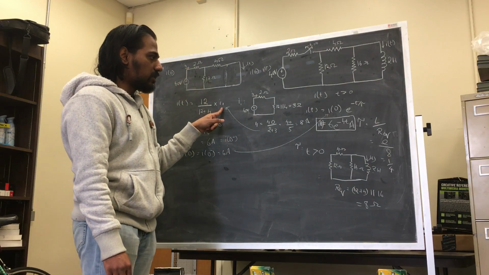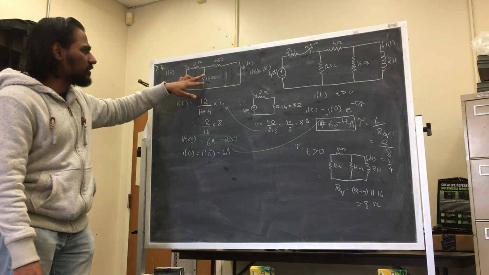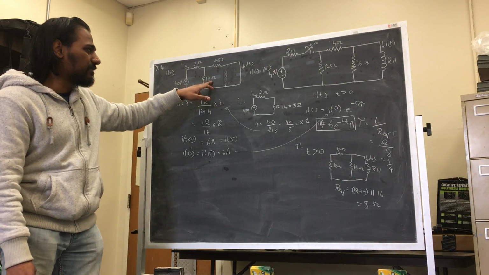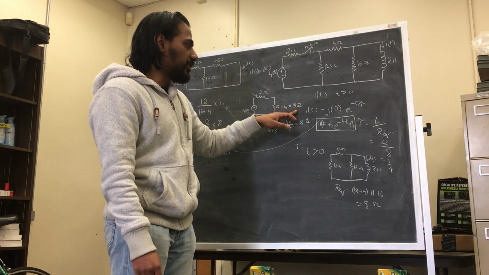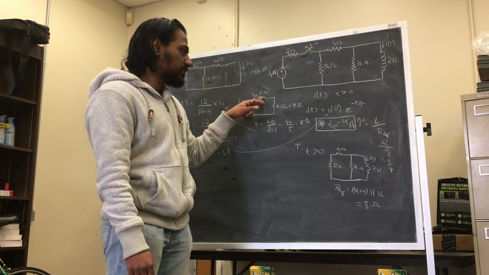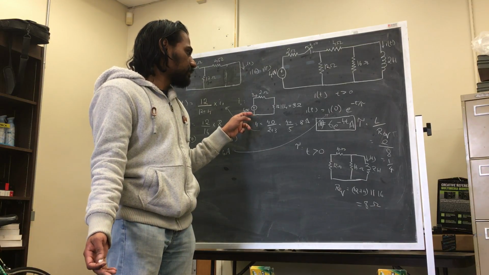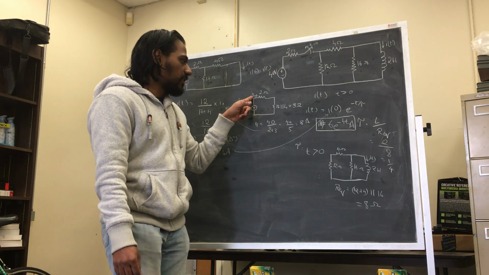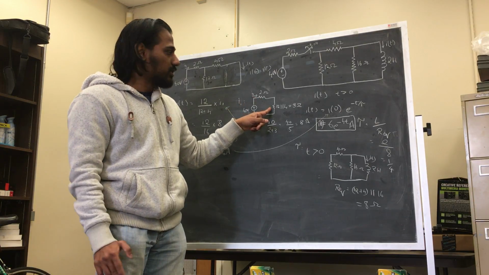Now you have to find I1. To find I1, you can combine all the resistors. The 12 and 16 ohm resistors are in parallel, so you get a 3 ohm resistor and a 2 ohm resistor in series with a 40 volt power supply.